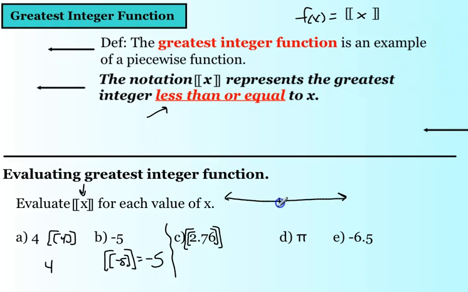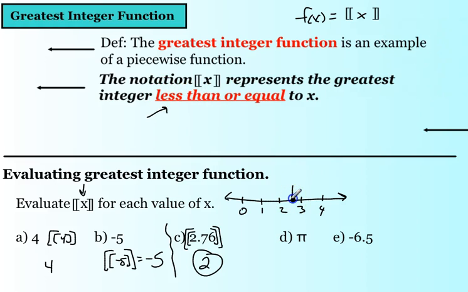If I have a number line, that's 0, there's 1, 2, 3, 4, and so on. 2.76 would be right about there, right? So if I'm putting 2.76 into the greatest integer function, my output's going to be a 2. And that's because it's the greatest integer less than or equal to it.